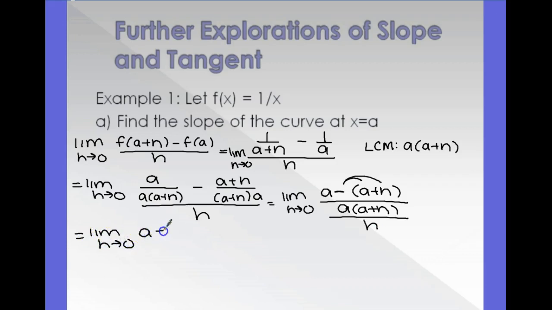So I have a minus a minus h all over a plus h, all over h. So what's super nice is the a's cancel. How do I get rid of a fraction in a fraction? Well, you multiply by the reciprocal of the denominator.